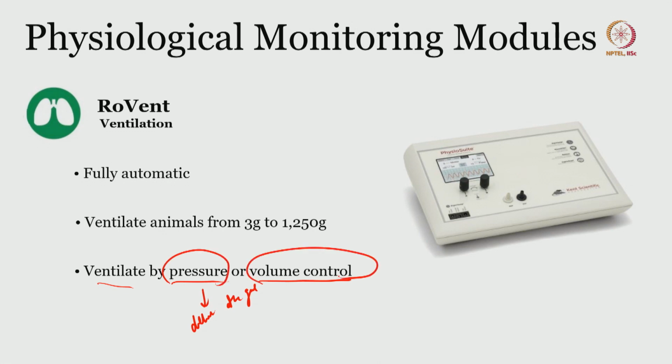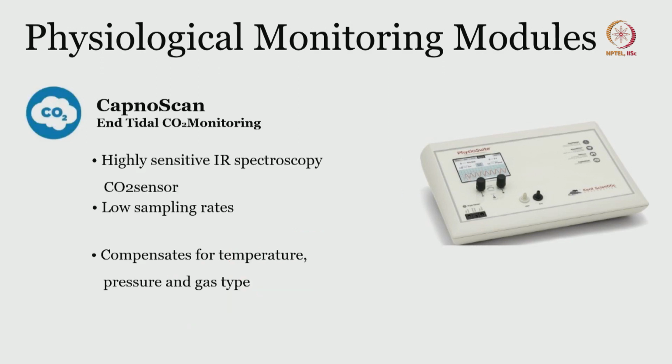All right, so I suggest you do a bit more detailed study on these pressure and volume controls of the anesthetic agent, which will give a very good plane of anesthesia and a smooth anesthesia throughout the procedure. So CapnoScan is another accessory where it does sample the carbon dioxide in the end-tidal volume.